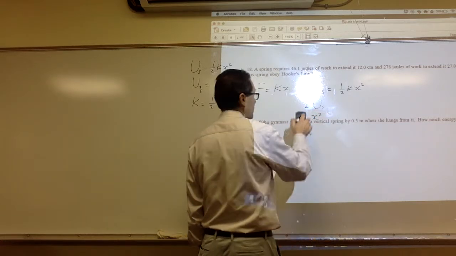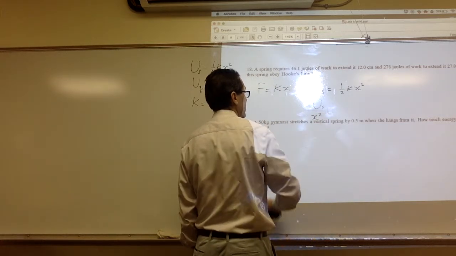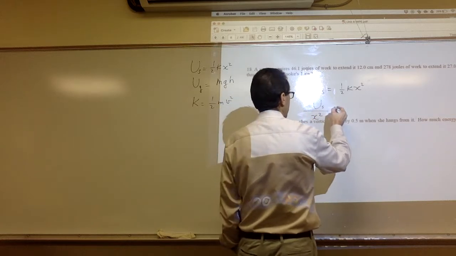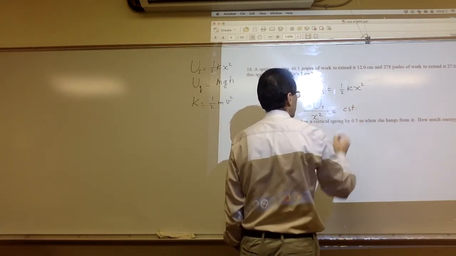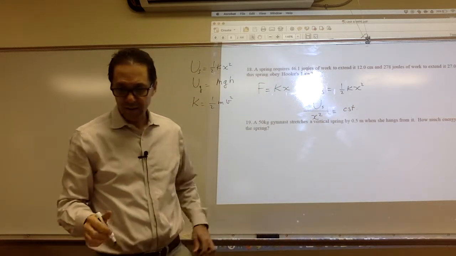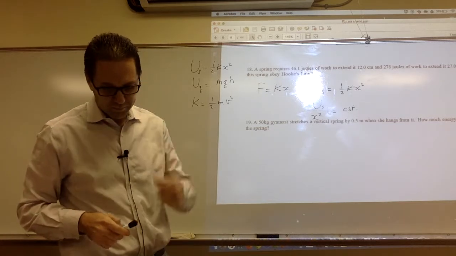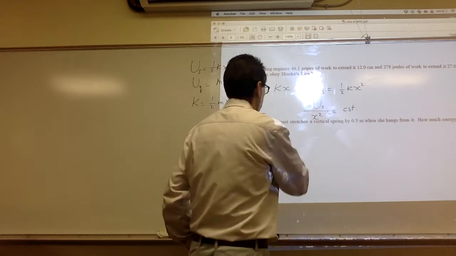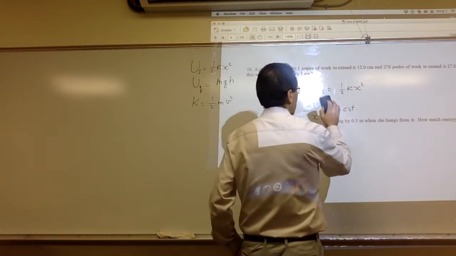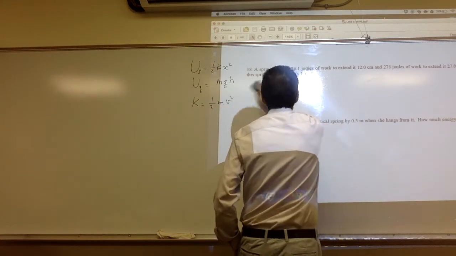The 2 is common to both of them. So I'm going to see if this is constant. If that's a constant, then it obeys Hooke's law. If it's not, then it doesn't. So the K has to remain the same.